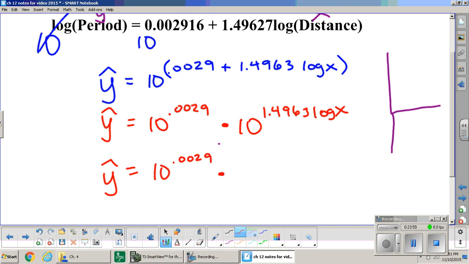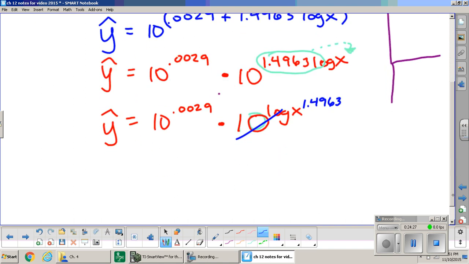Now remember, almost finished. This number can be rewritten as an exponent on the x. So let's do it. 10 raised to the log x to the exponent of 1.4963. 10 and log cancel, that was the whole point.